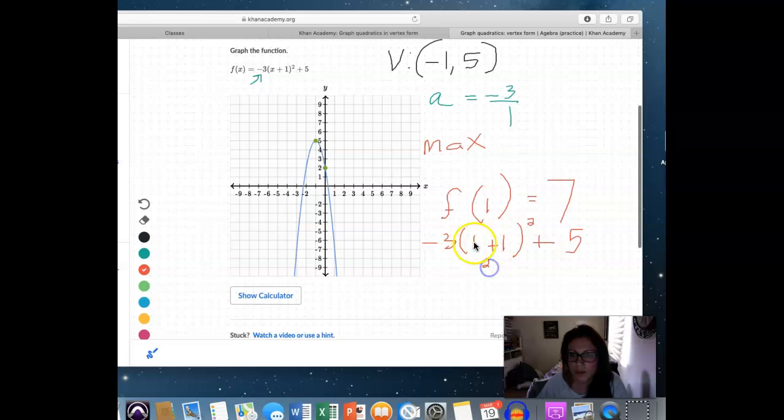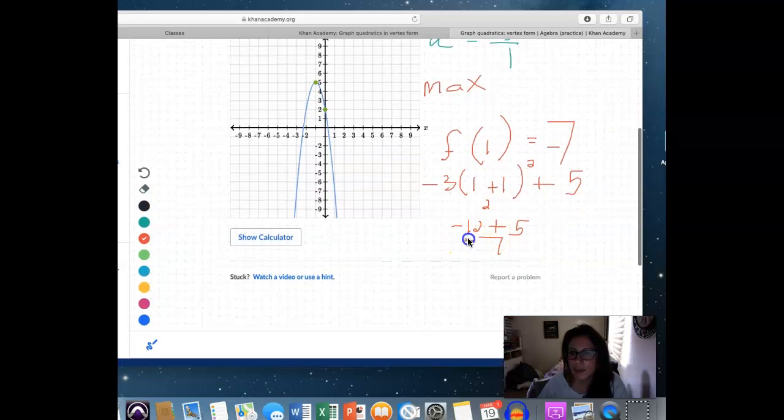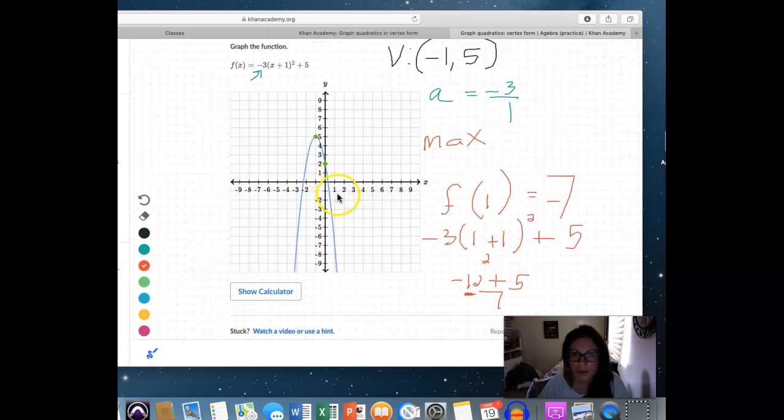I'm just going to put that in here. 2 squared is 4. 4 times a negative 3 is a negative 12. Plus 5. And that equals, oh, look at that, a negative 7. Got the negative. All right, so that helped remind me it's a negative 7. So f of 1 is negative 7.